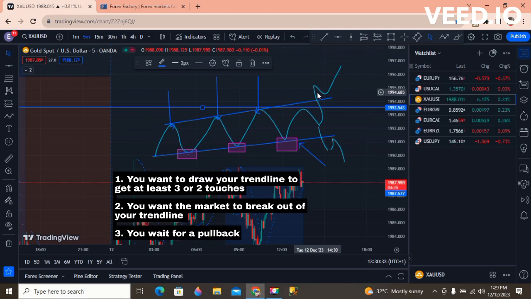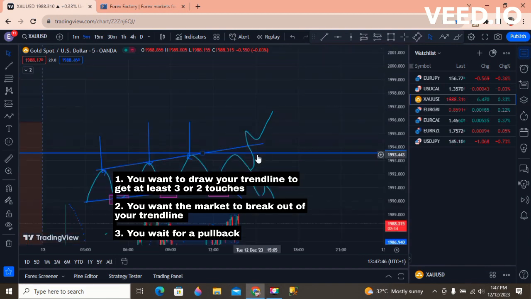That's the second confirmation. First confirmation, you want to see a beautiful trend line like this. Second confirmation, you want your market to break the high or the low of your trend line. And the third confirmation, you want to wait for the market to make a pullback just like this. So after the market has made a pullback, then you can enter your trade.